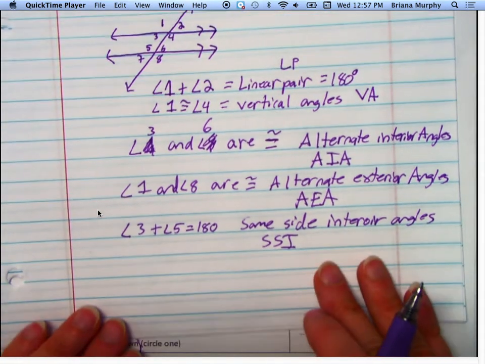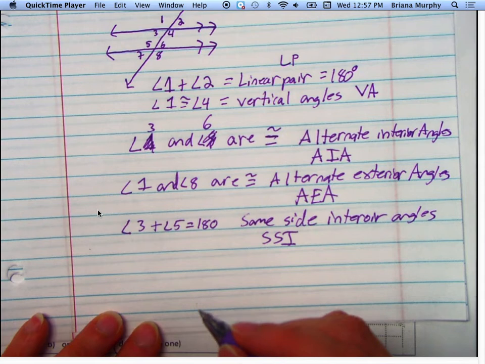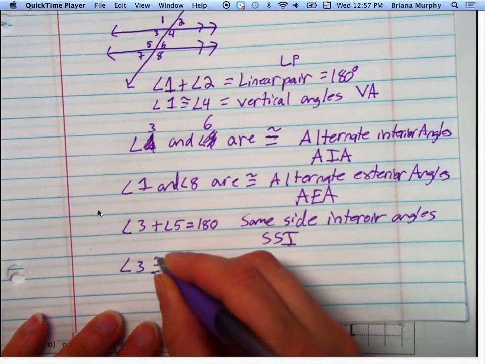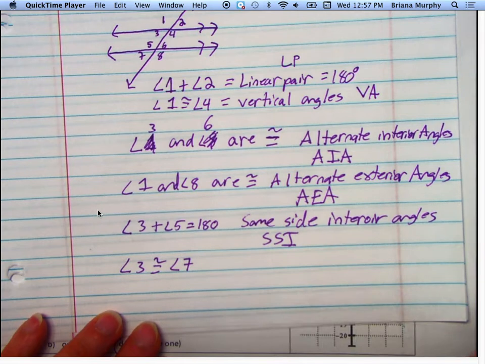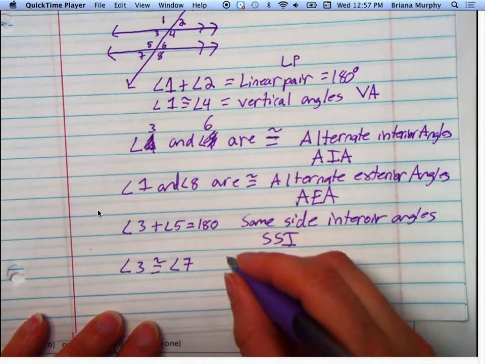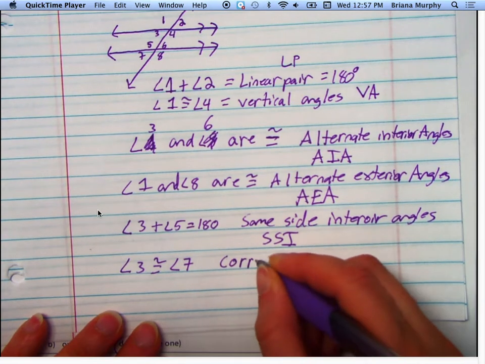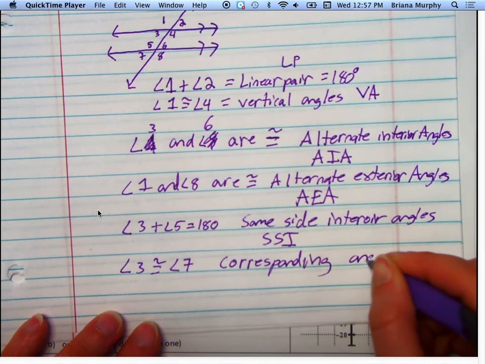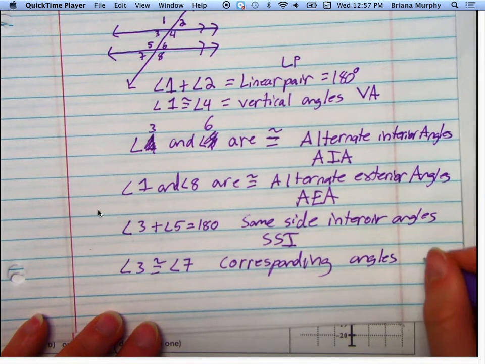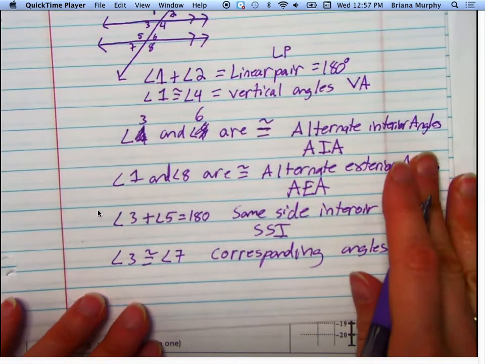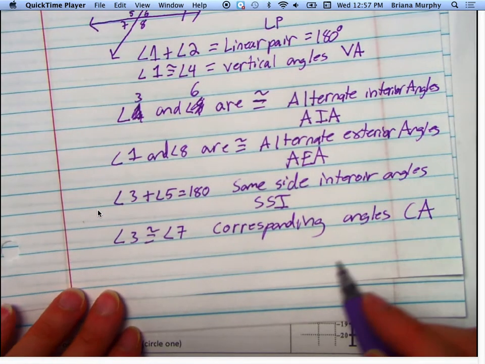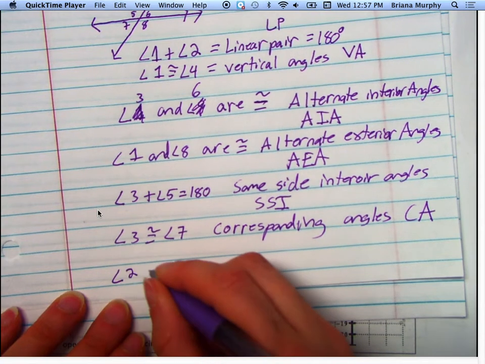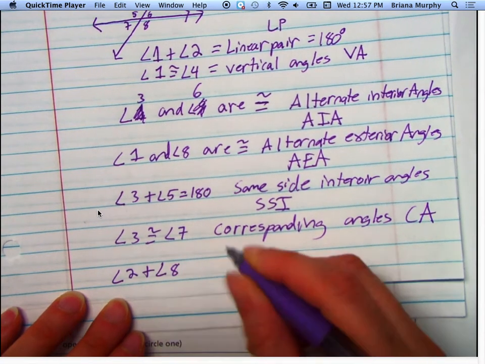And then we have angle 3 and angle 7. Angle 3 and angle 7 are congruent. They are corresponding angles, or CA for corresponding angles. And finally, we have things like angle 2 and angle 8.